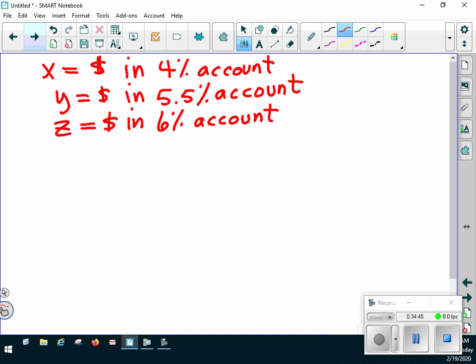So the amount of money in the first account plus the amount of money in the second account plus the amount of money in the third account is the total amount of money she had to put in the accounts.